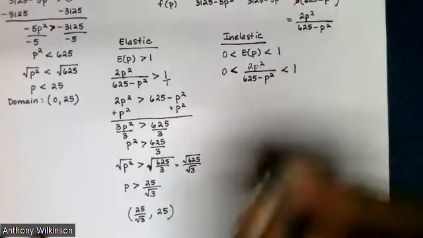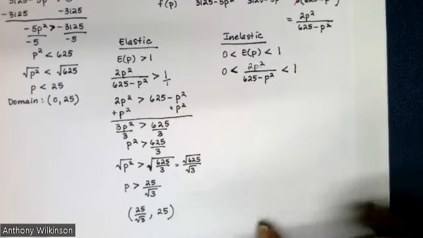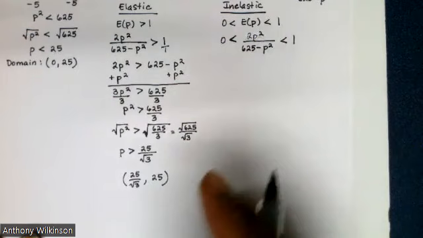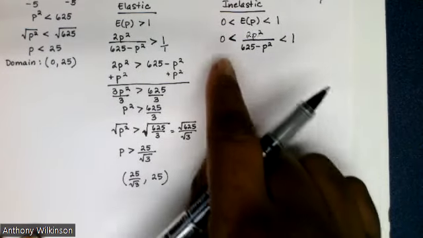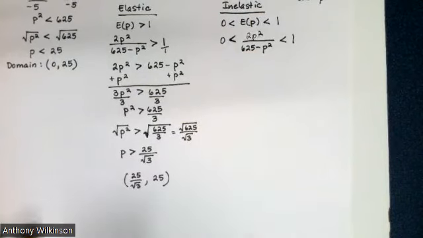And then that's going to be less than 1. All right, now here's what I'm going to do here. Since this is a compound inequality, I'm going to multiply each and every term by this denominator here.